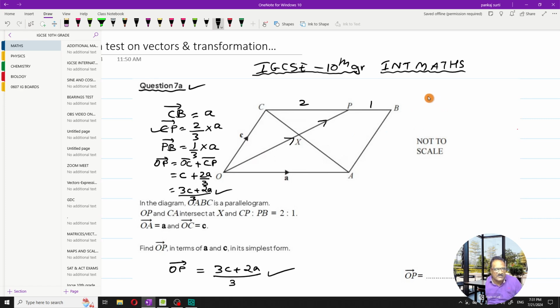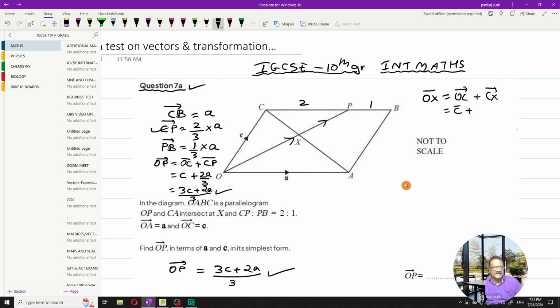OX will be equal to, again the triangle rule we are going to use. It will be vector OC plus CX, right? And we know OC is nothing but C, but we don't know anything about this CX.